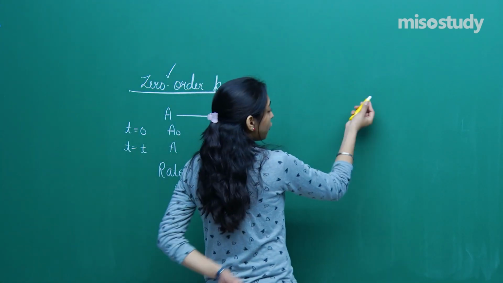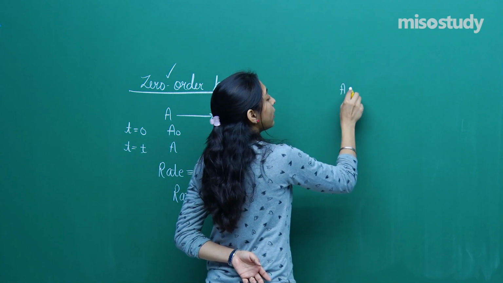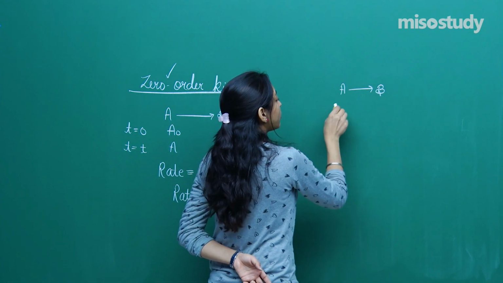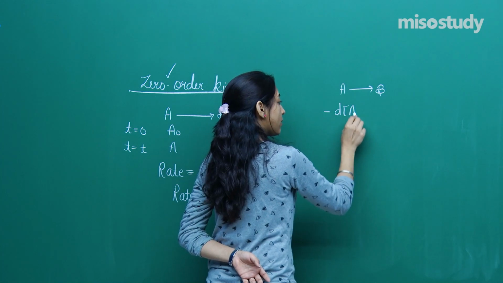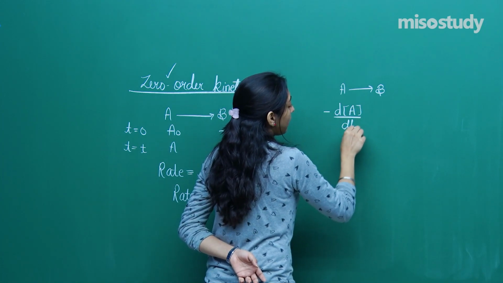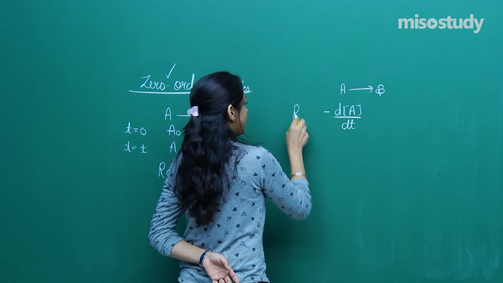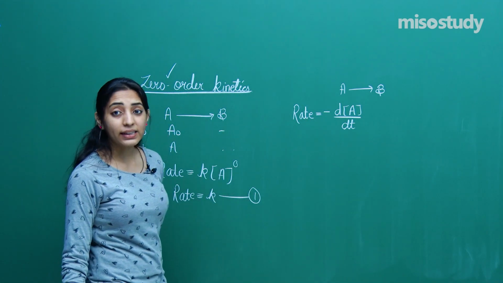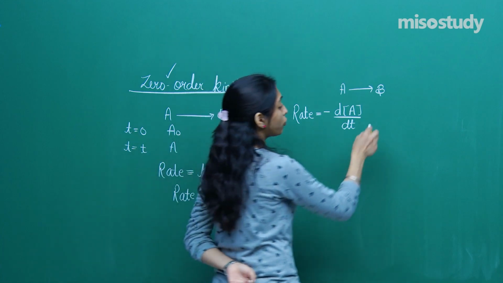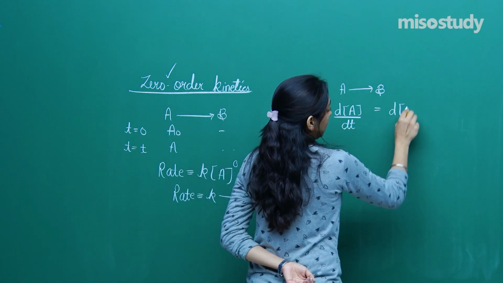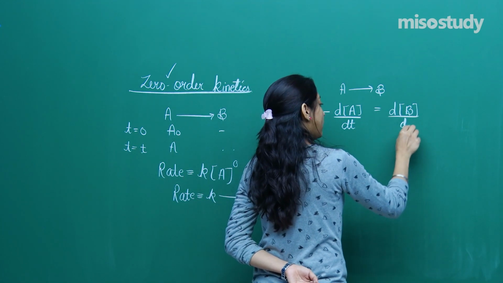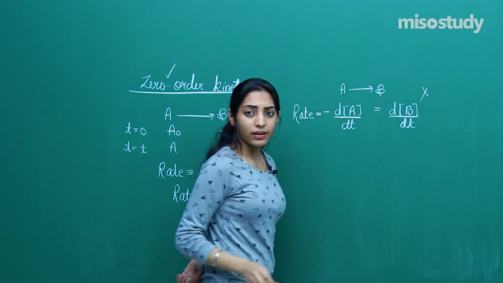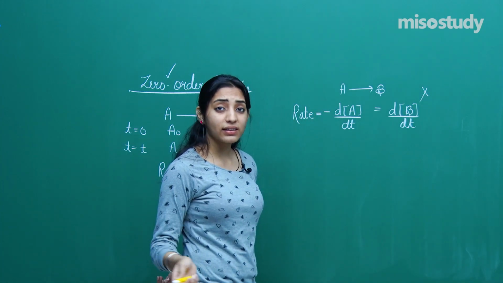Also, since it's a zero order reaction and since A is going to form B, I can simply say the rate can be written as minus dA by dt, which could also be written as d concentration of B by dt. I am not concerned about the products right now, I am just concerned about the reactants.